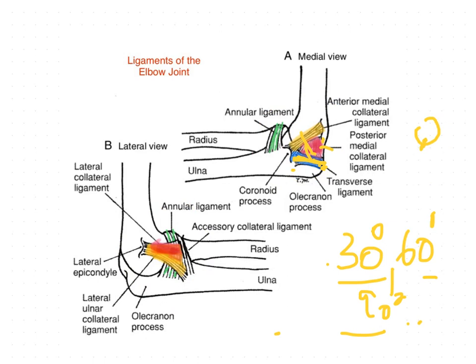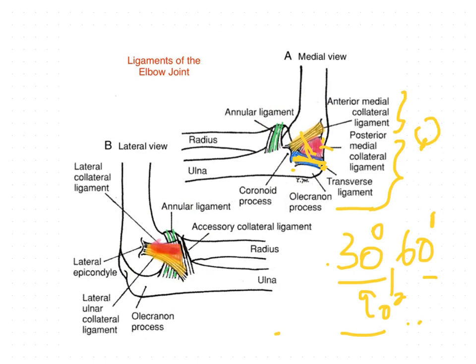So this is the function of this transverse ligament. So these two ligaments have less function in maintaining the valgus stability of the joint. The anterior medial collateral ligament has the major function in providing joint stability on the medial aspect.